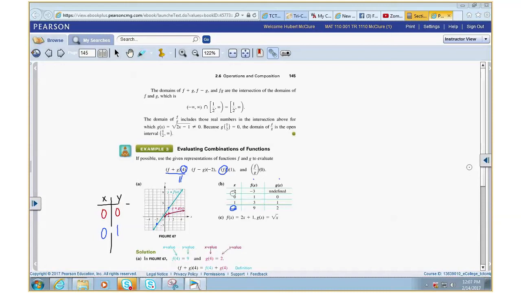Negative 2, again, it's undefined right here. So you could argue that the answer is negative 3, or you could argue that it's undefined. But they probably say it's undefined for B. For that negative 2 for B is undefined. Mr. Harvell, what does it say?